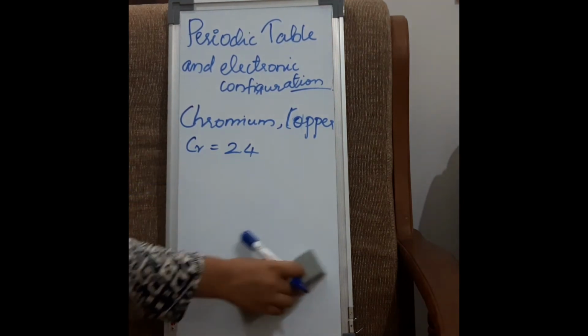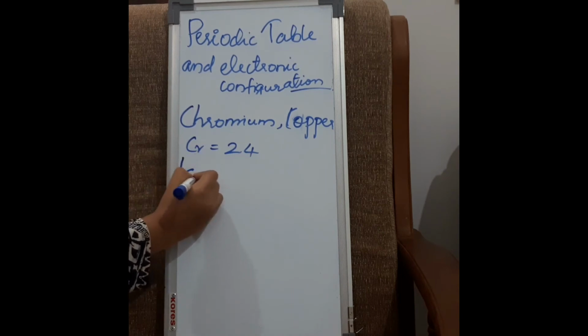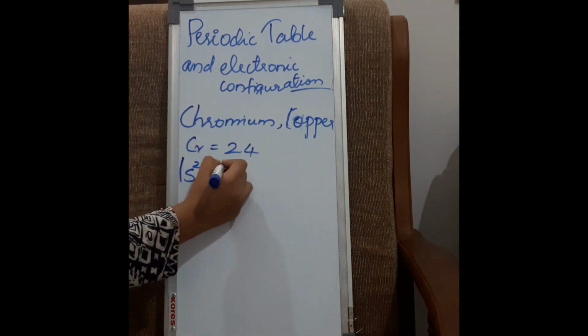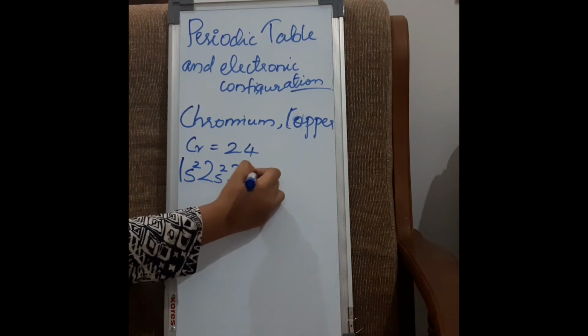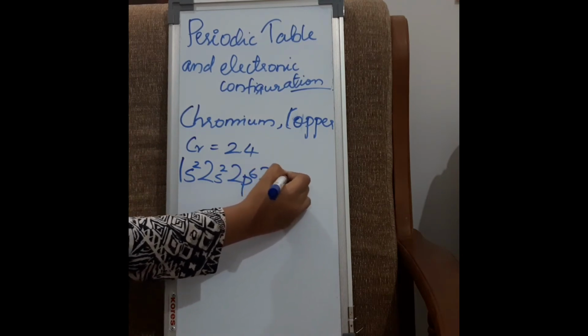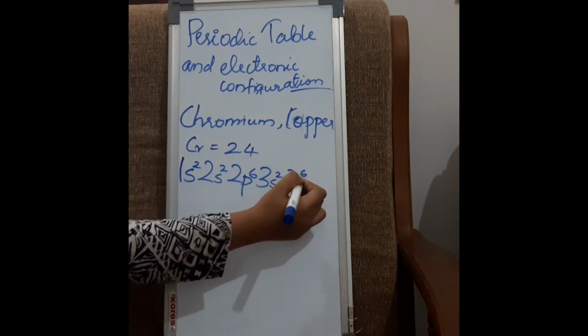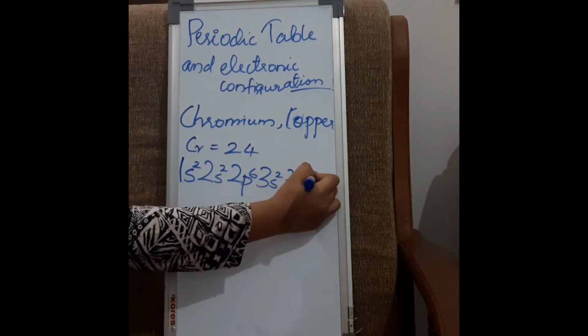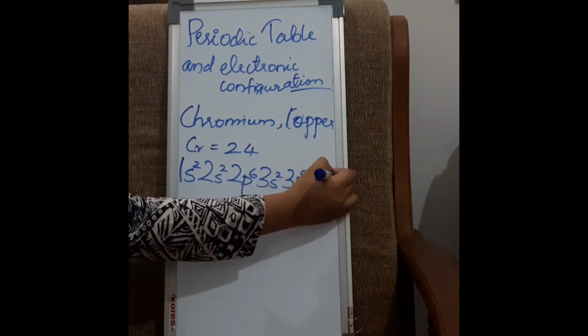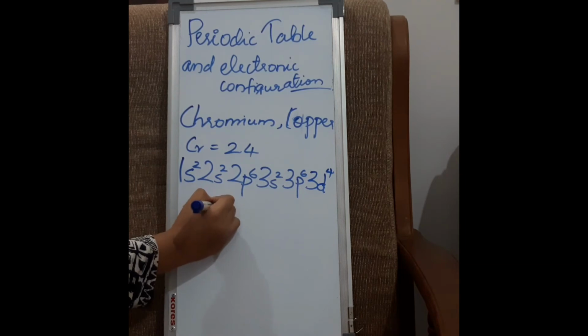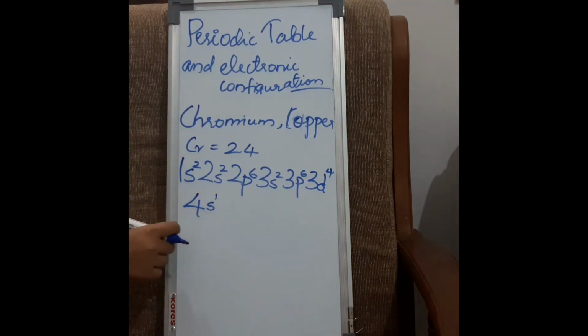Let me write it more clearly. 1s2, 2s2, 2p6, 3s2, 3p6, 3d4 and 4s2. This is the real electronic configuration of chromium.